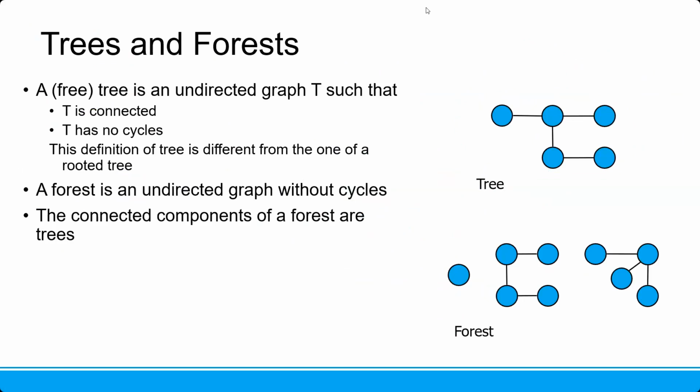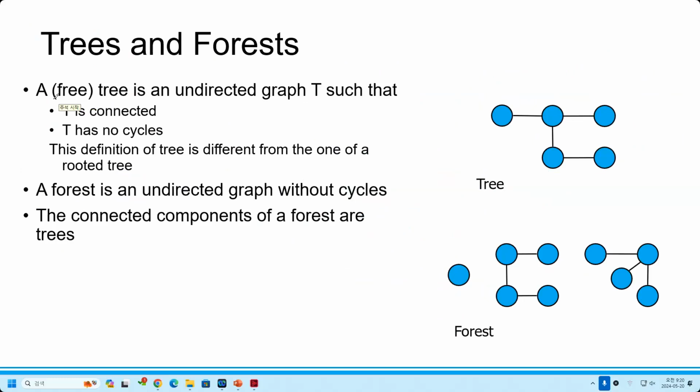In the tree of a graph, some of the concepts call it a free tree. It is a tree in an undirected graph. Undirected graph means the graph has no direction. We have the connection between the vertices, but no direction, such that T is connected.